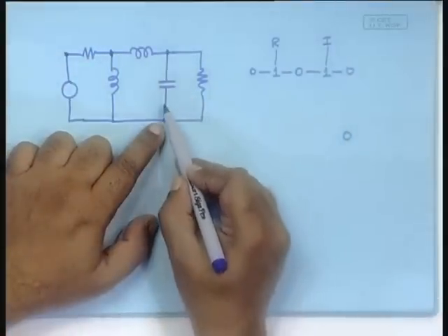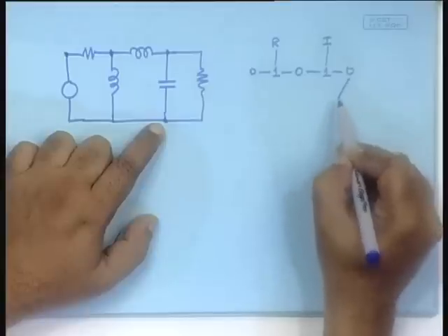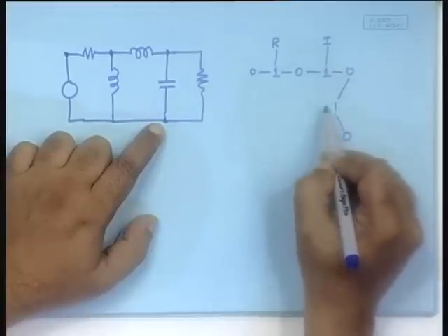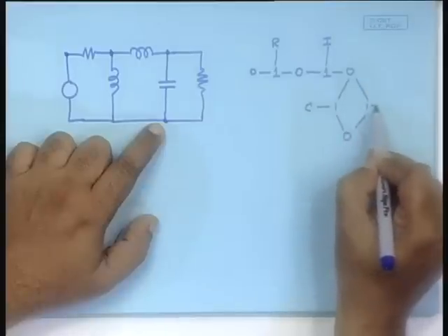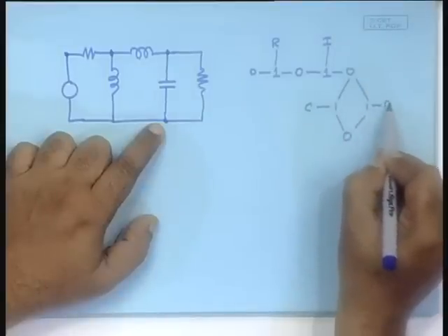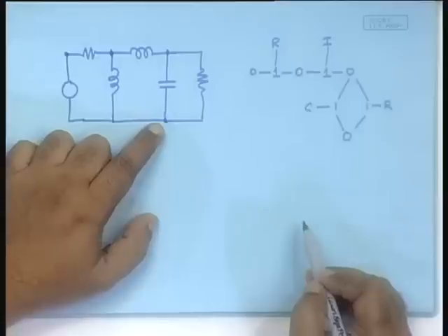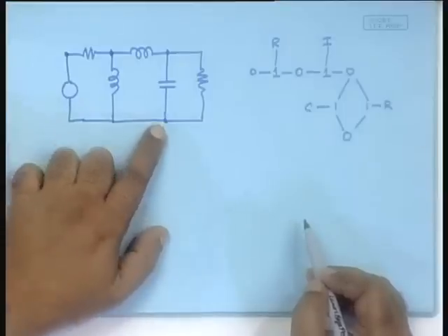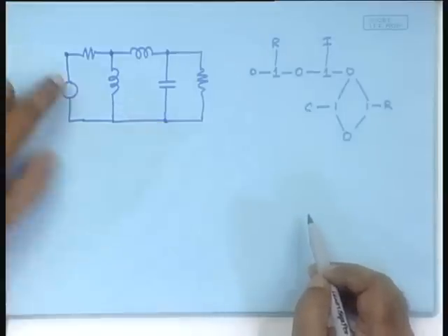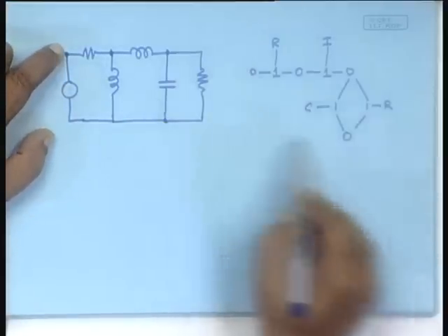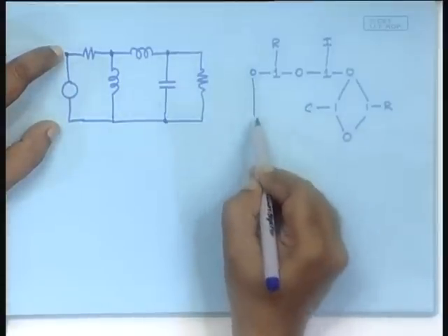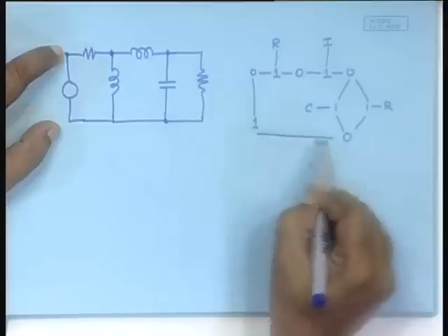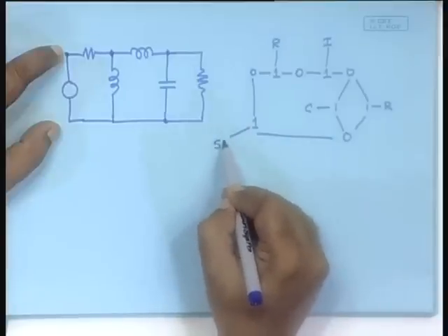Between these two there should be a 1 junction connecting a C and there will be another 1 junction connecting a R. Fine. Clear. Between this and that you have a 1 junction connecting a SE.